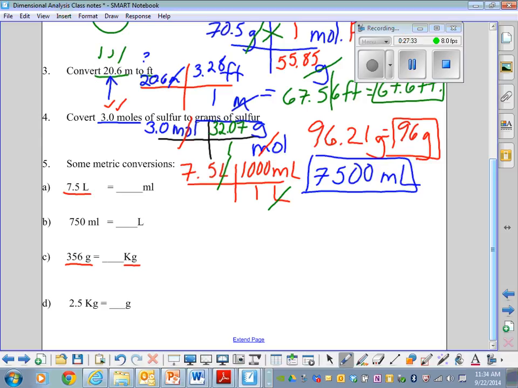So again, going back to the beginning of our discussion, we draw our tracks. What goes in the top left? 356 grams. Thank you.